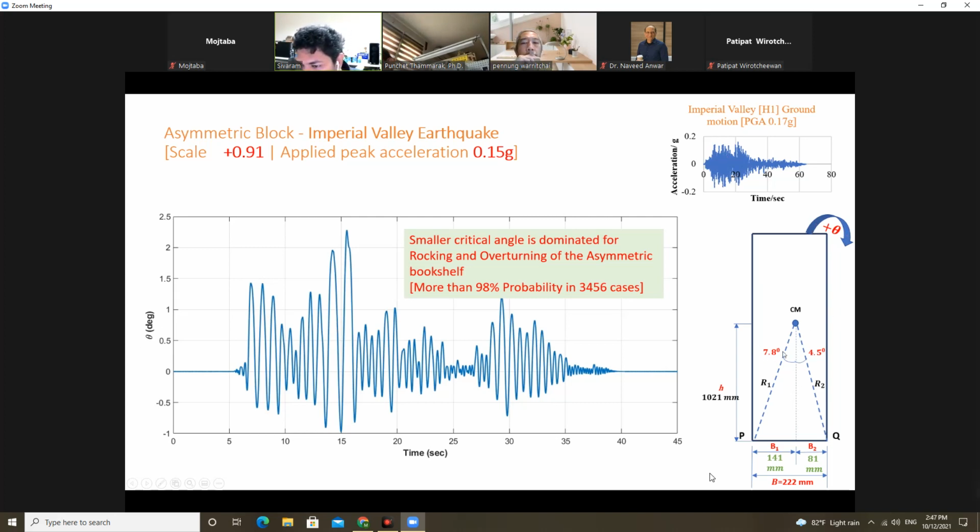Even though it has the 7.8, it is not rocking on that side. It always rocks on this cylinder side. We did the analytical results also. From these results, more than 98% probability it overturns in this cylinder direction. So we concluded that this direction is the more vulnerable one.